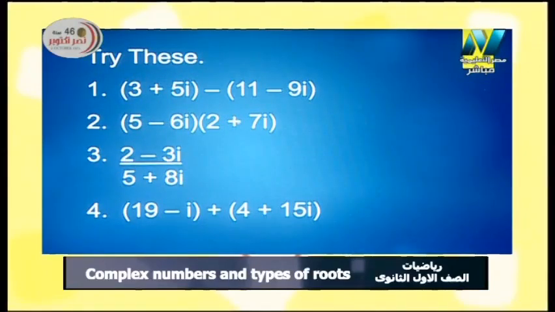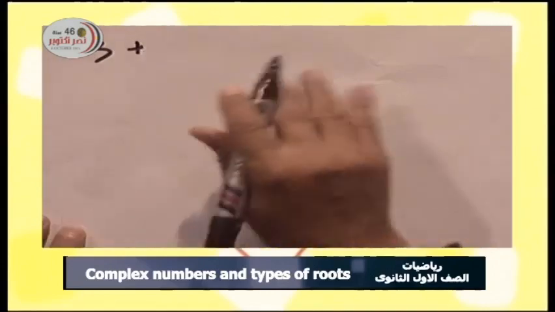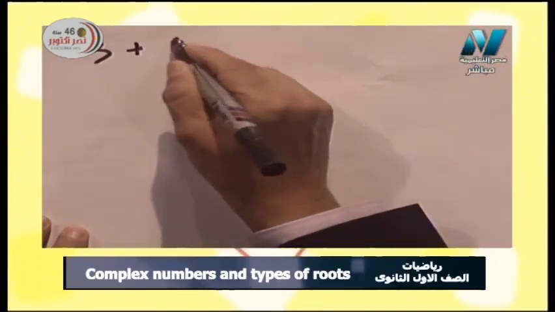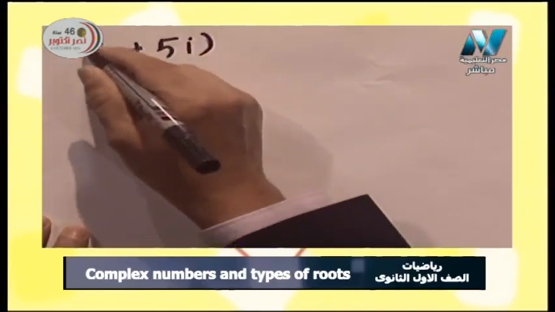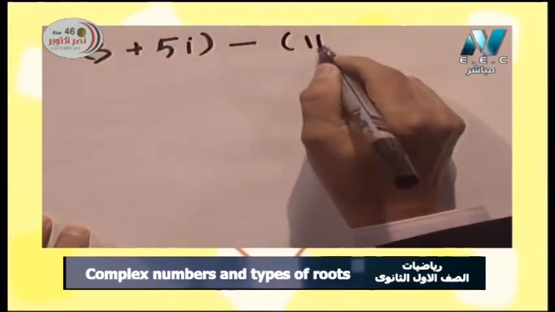Try this. My dear students, we will try these questions with each other using papers. So look with me. We have the first question, which is 3 plus 5i minus 11 plus negative 9i.